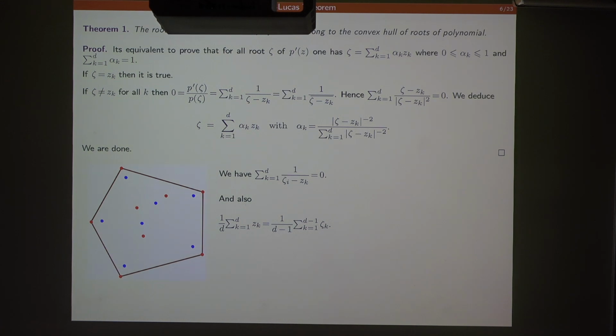To prove this conjecture, we need to know a special subject, the geometry of the roots of polynomials. What is the geometry of polynomial roots? It is the links between the roots of the derivative and the roots of the polynomial.